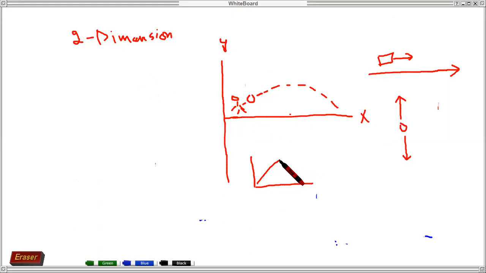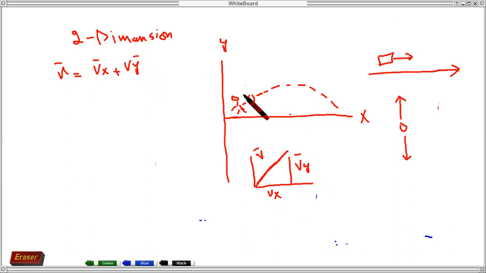For example, velocity v or speed: you need its component along the y-axis and component along the x-axis. So the velocity of this body will be the combination of two things, along the x-axis plus the y-axis.